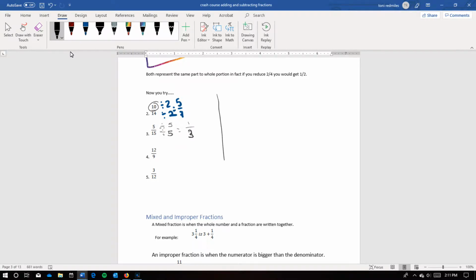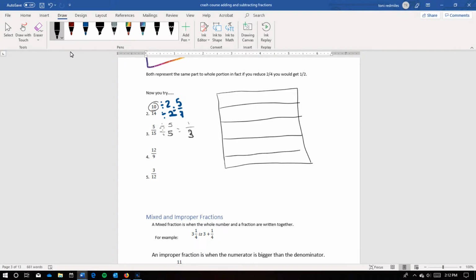So if I was going to model this, it would be this. Now look at something very interesting. If I were to put these into factor trees, 5 would be 1 times 5, and 15 would be 5 times 3, and their common factor is the 5's, which leaves us with the 1 and the 3 as our new fraction.